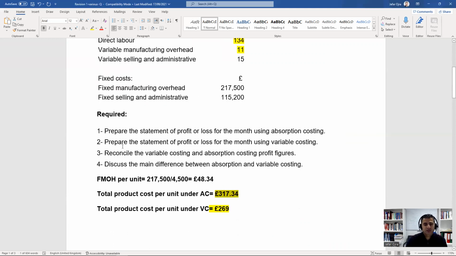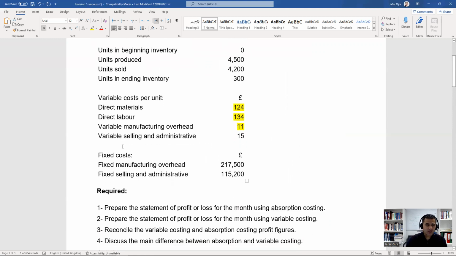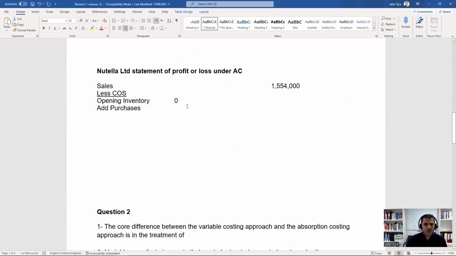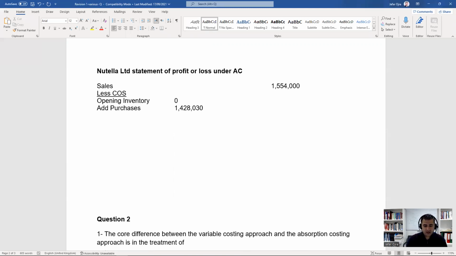If you multiply it by the number of units produced, which is the 4,500, that gives you how much? That gives you 1,428,030. So almost 1,428,030 pounds.